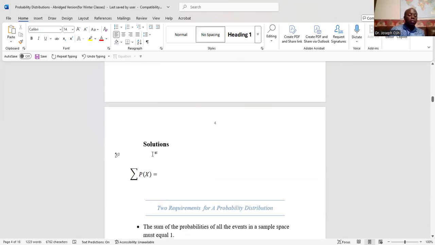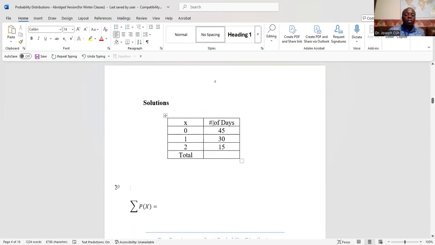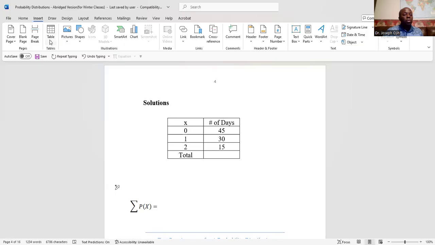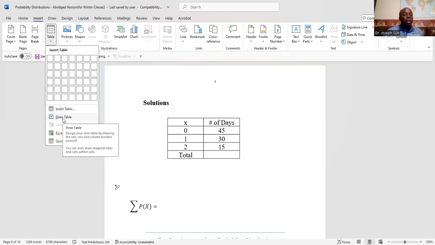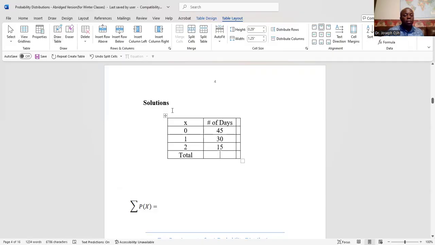Then we need the number of days, and we need to insert one column there, which is P(X), the probability of X. It's a P(X) table.